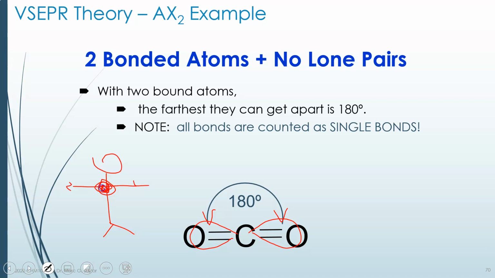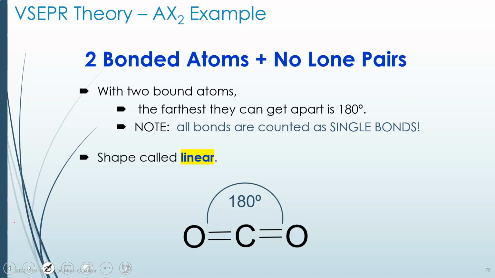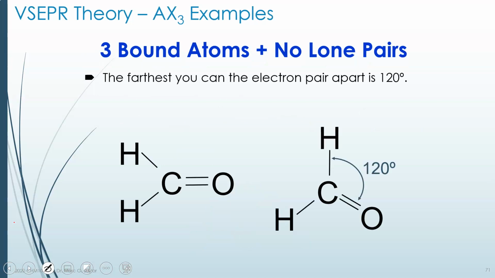So your chest is your central atom, and you're trying to hold two oxygens as far apart as possible, and you end up forming this straight line, a linear formation. That's an AX2, an A with two pairs of electrons on it, and we call that shape linear.